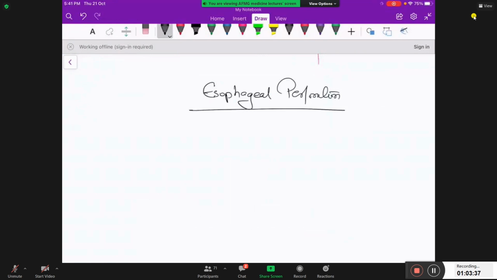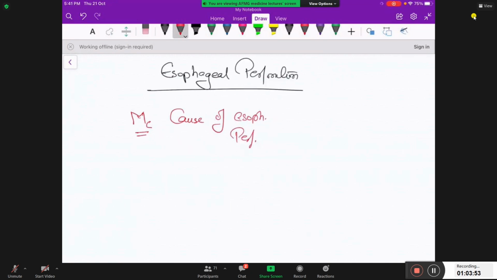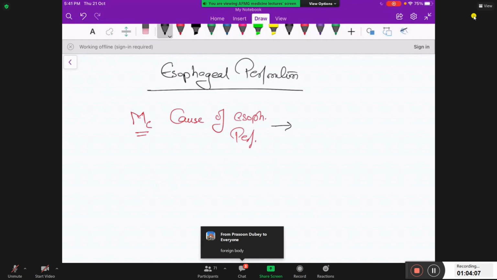Now, a very commonly asked question: what is the most common cause of esophageal perforation? It is iatrogenic.